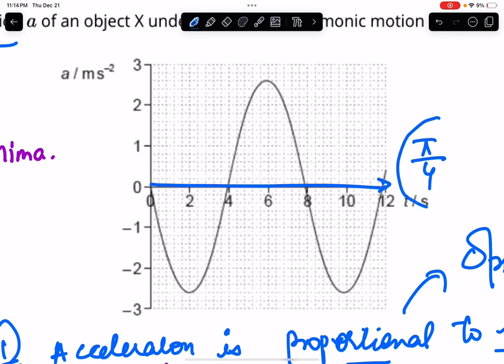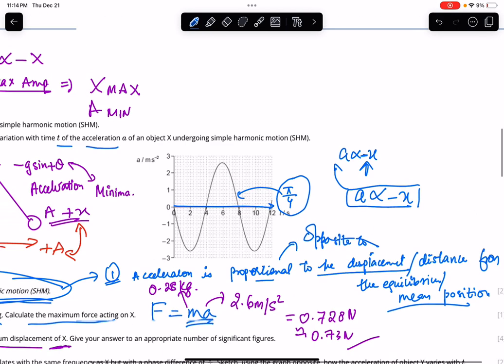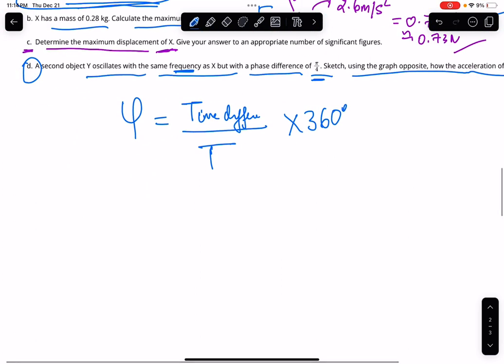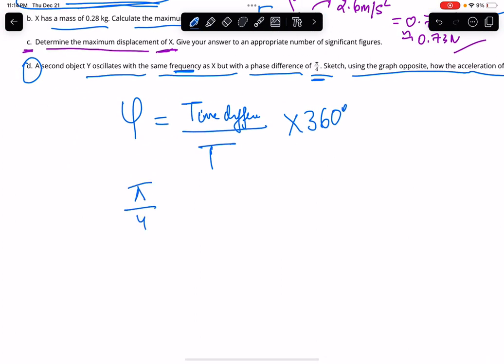So we have to convert this difference in angle to a difference in time. We just substitute over here. They've given us the phase angle, which is pi by 4, so we substitute it as it is.